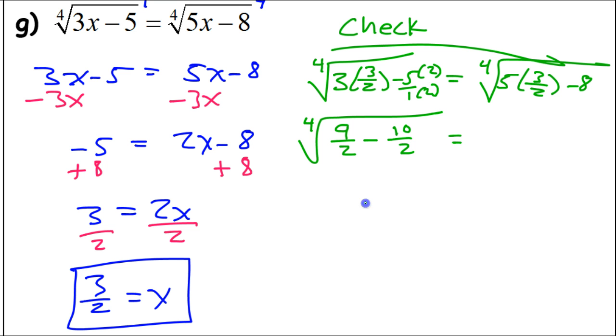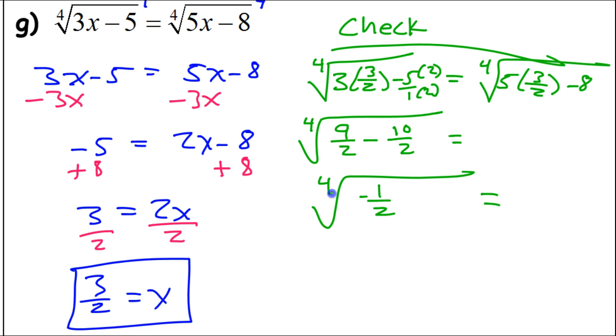Alright, let me just keep doing this side for a second. So 9 over 2 minus 10 over 2 is negative 1 over 2. So I can stop right there. I have a negative number underneath this radical. This is no solution. Okay, this would be an imaginary number or something.